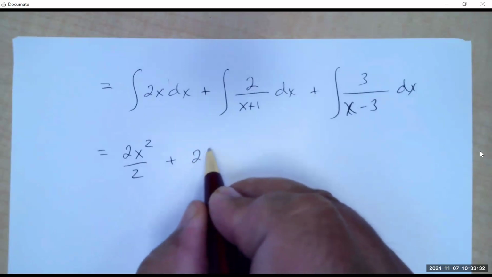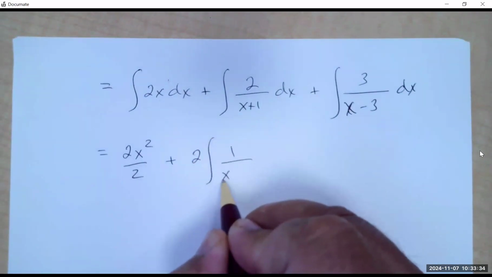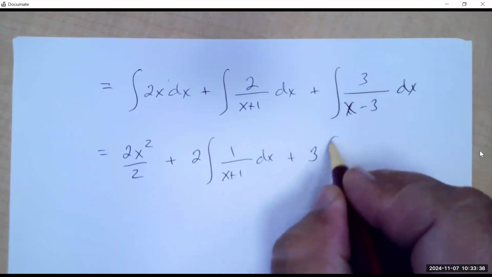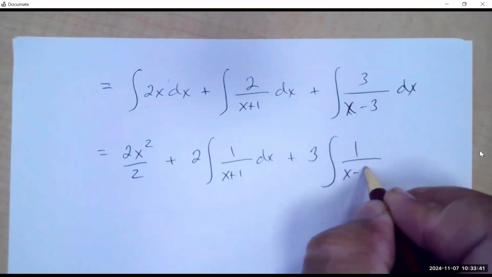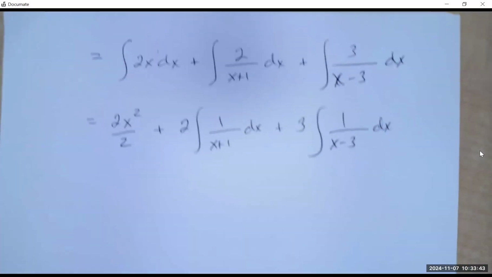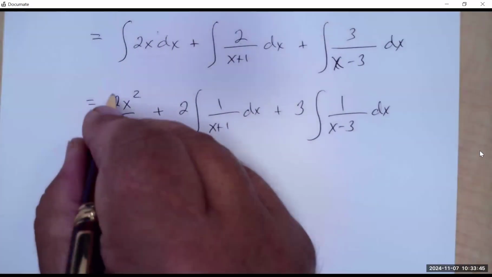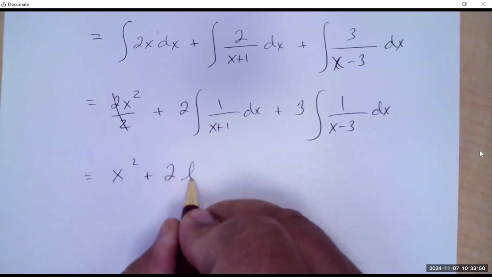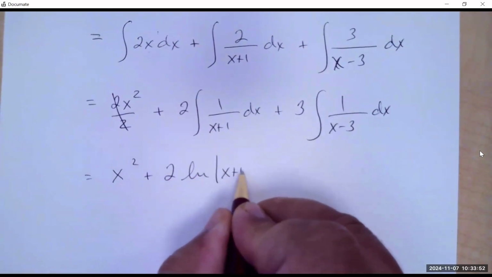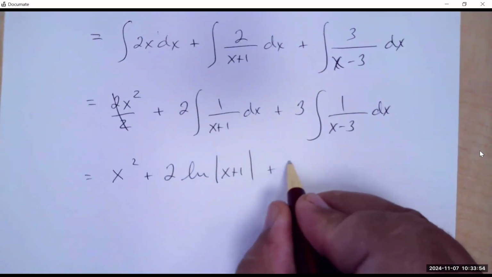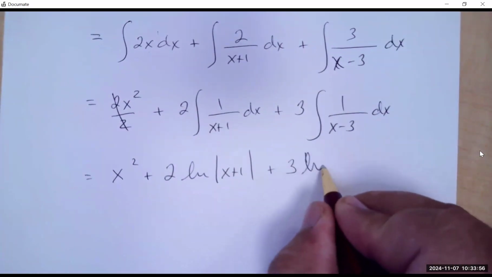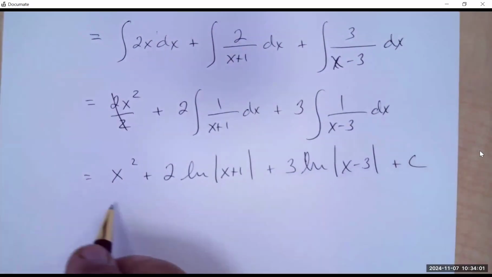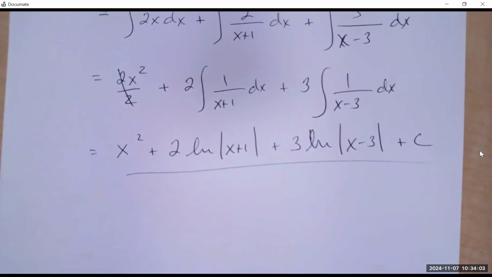This 2 comes out in front. This 3 goes out in front. Cancel, so it's x squared plus 2 ln|x plus 1| plus 3 ln|x minus 3| plus C. And there's our integral.